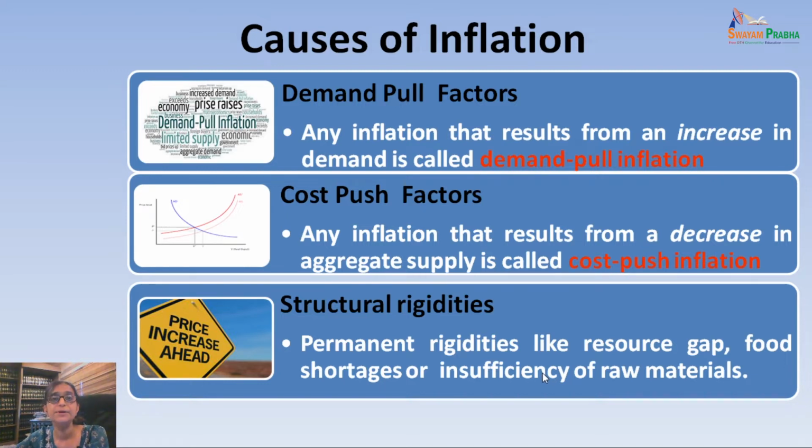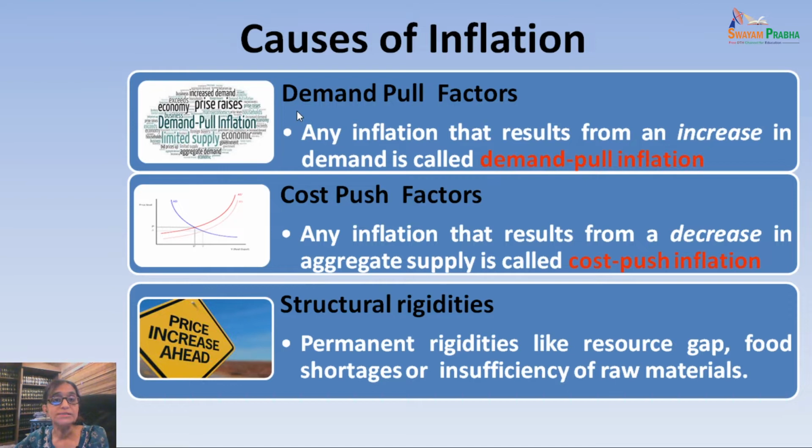They are dependent on other nations to supply them the raw material. They have certain foreign exchange issues also, because of which they are unable to procure imported raw materials. So such insufficiency of raw materials also leads to inflation. So these structural rigidities, which are particularly true for developing economies, can also lead to inflation.